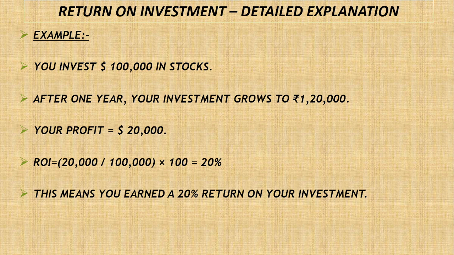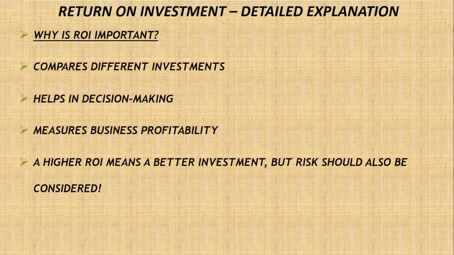This means you earned a 20% return on your investment. Why is ROI important? It compares different investments, helps in decision making, and measures business profitability. A higher ROI means a better investment, but risks should also be considered.